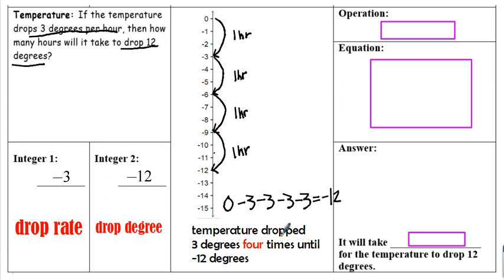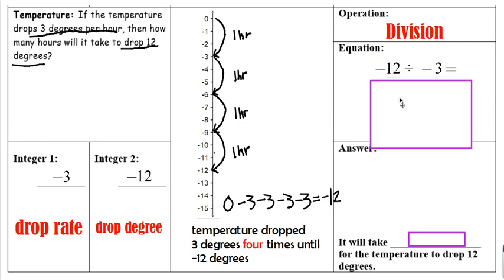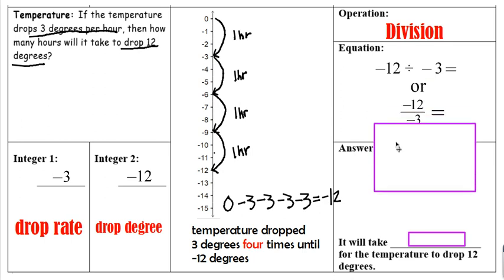Now, this is actually a division problem. Again, there are 4 groups of 3, or it's a repeated subtraction. So we're going to use division for this problem. For a division equation, we could say -12 divided by -3, or we could also say -12 over -3. There are 2 ways to write it because division, again, is the same as a fraction.